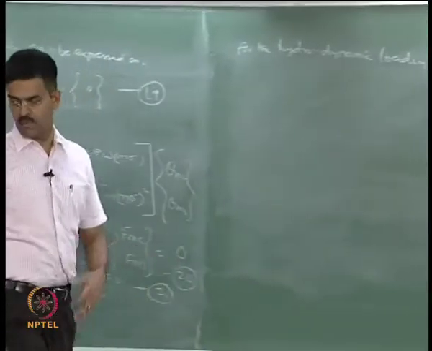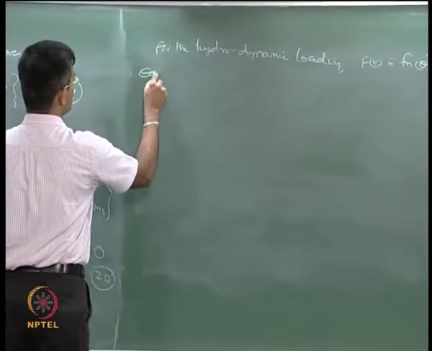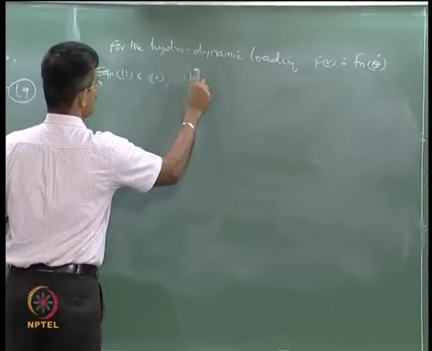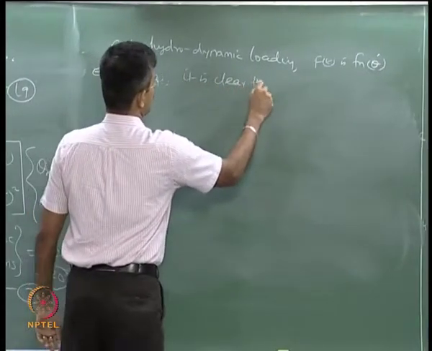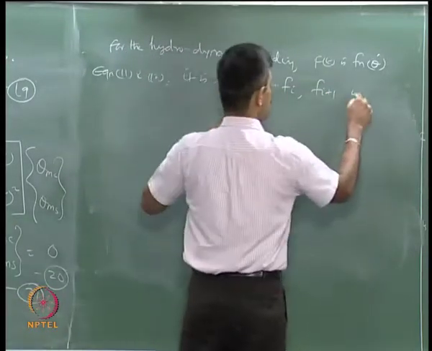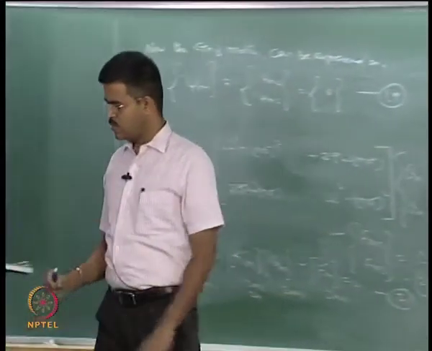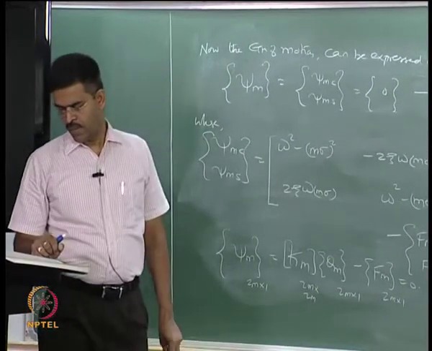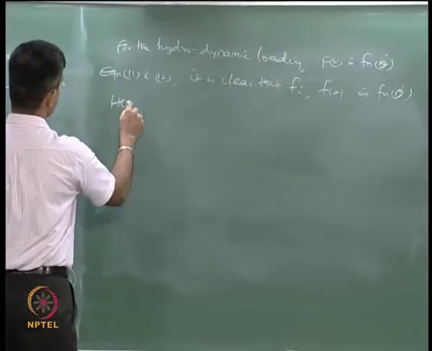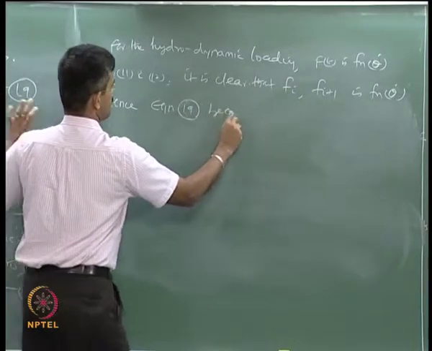You just see equation number 11 and 12 in your literature. If you look at equation number 11 and 12, it is clear that f of i or f of i plus 1 is a function of the angular velocity of the tower. And therefore, hence equation 19 becomes iterative.